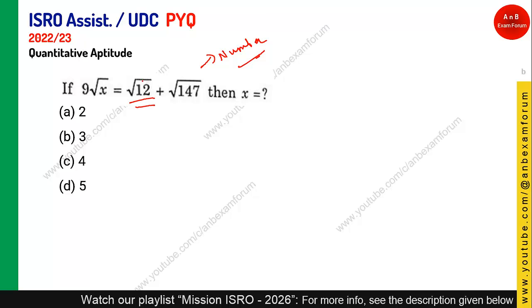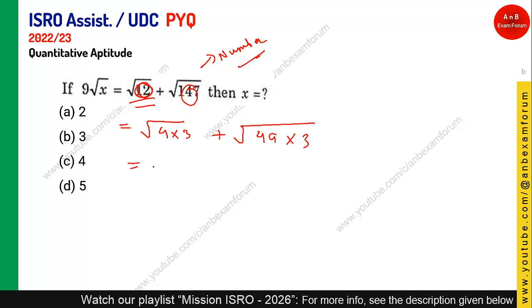Okay, so root 12, since it is not properly factorized, you factor it and make it in the form of prime numbers. So 12 is what? 12 is 4 into 3. I will make it factor, plus root 147. If you make a factor, I will make it simply 49 into 3.